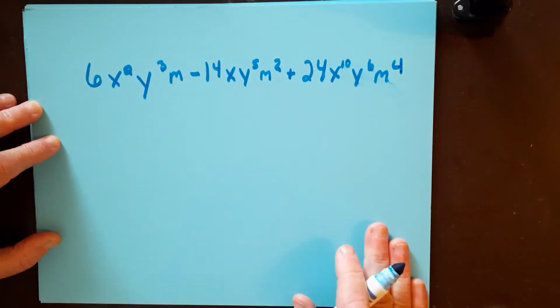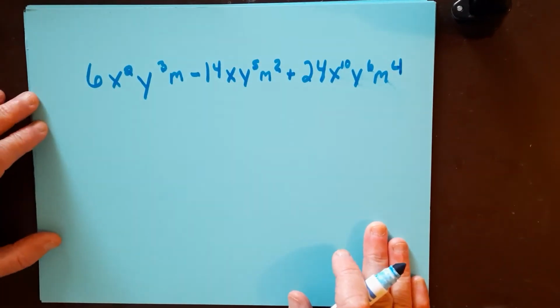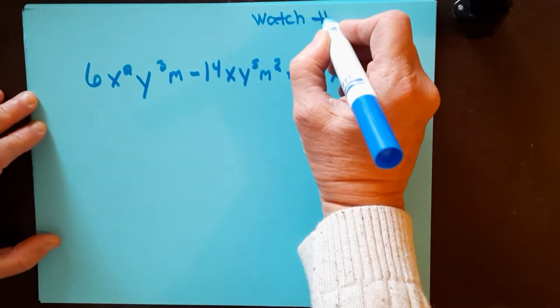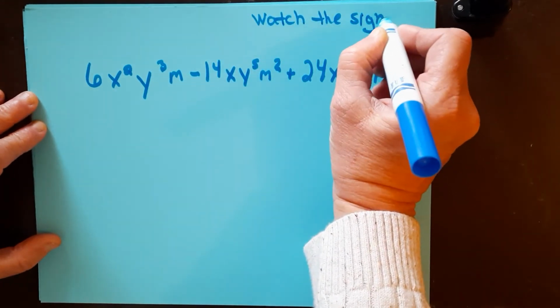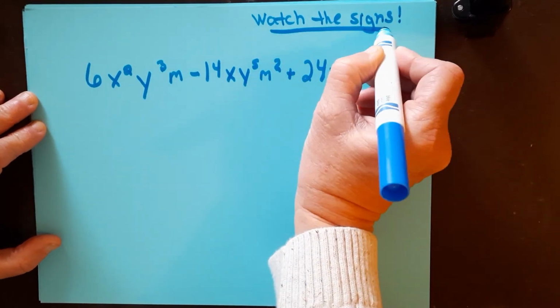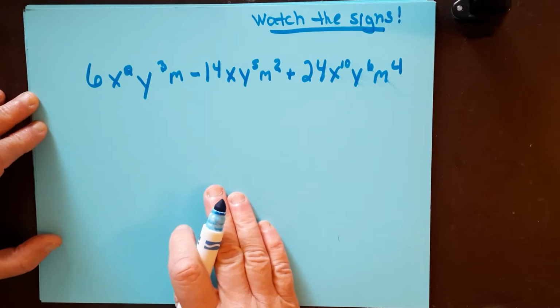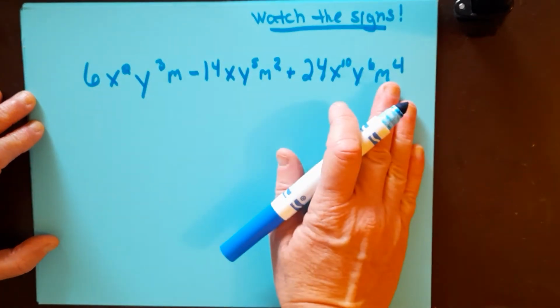Looks like a whole lot of numbers, but it's actually pretty easy. But you have to remember this math tip, which was actually on our quiz. Watch the signs. So important. If that's the only math tip you remember, that one will be the most helpful. So we have to watch these signs. That's what we have to do when we're factoring it out.